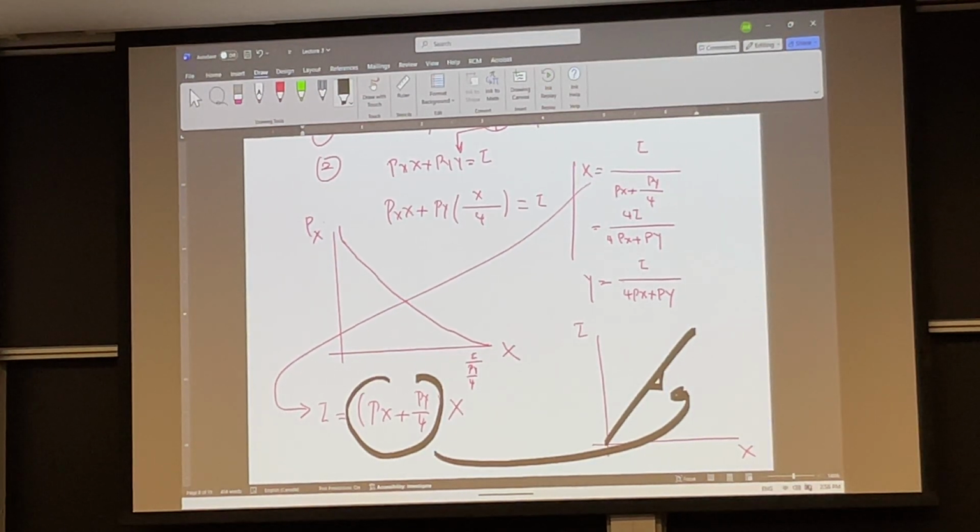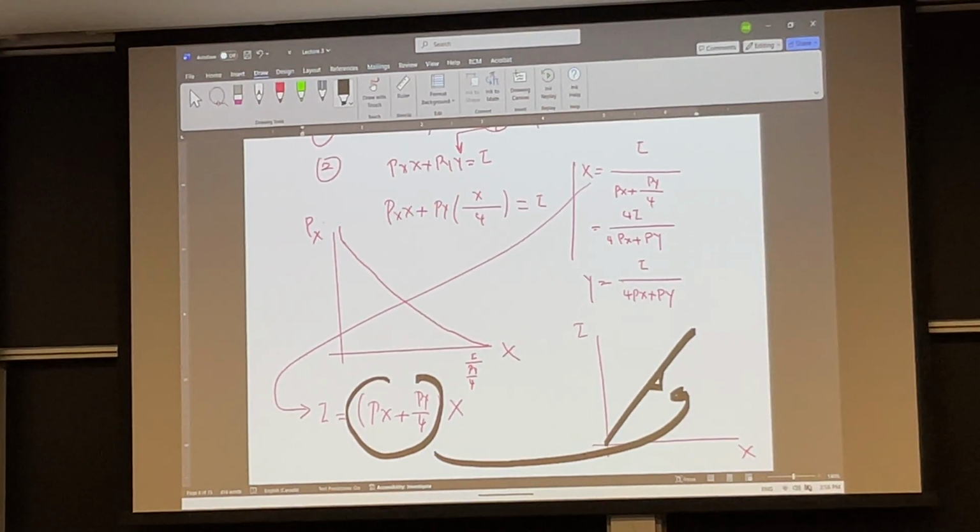But how did you get the function for income? Just real quick. I just take the demand, solve for I. That's solve for X, solve for I. I took this multiplied by this. You take the demand, solve for I. That's the Engel curve. You take the demand, solve price of X. That's the demand curve.